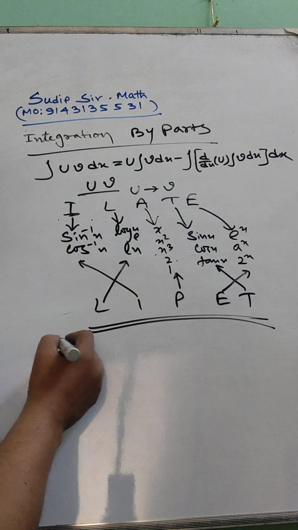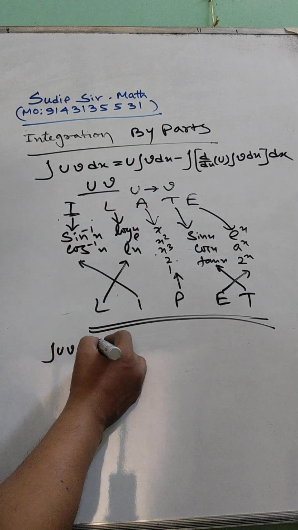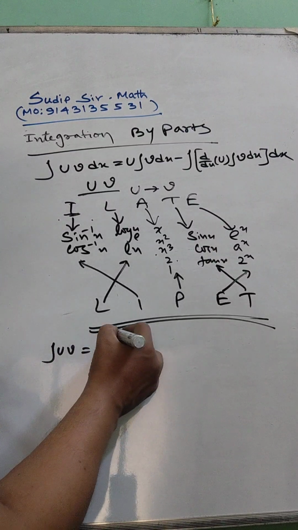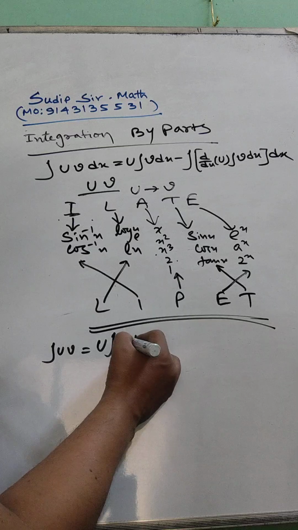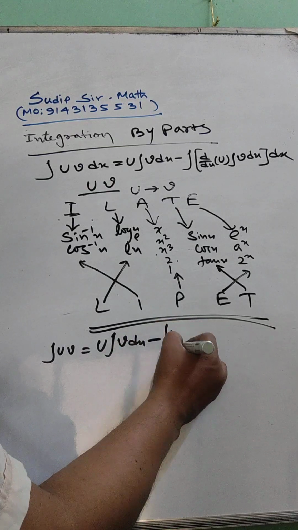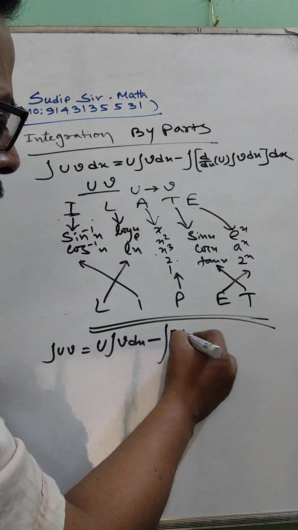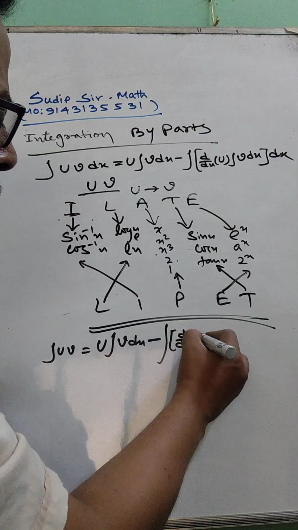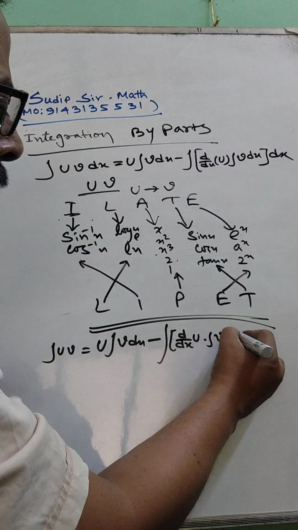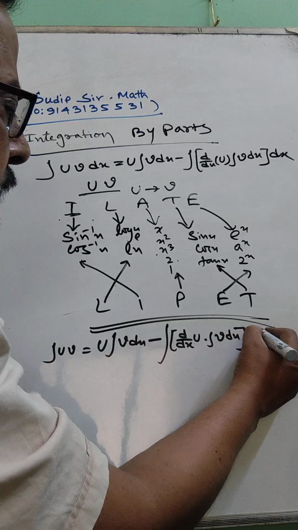So the UV method is: integration of UV means U, the first function, times integration of V dx, then minus integration of the product of d/dx of U and integration of V dx, whole dx.